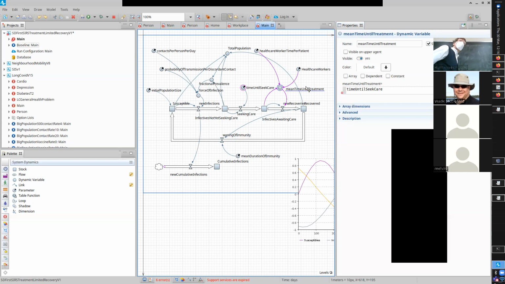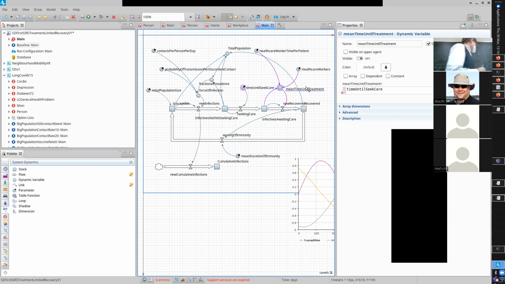If we have more healthcare workers to treat those people, suppose we have one healthcare worker versus suppose we have 100. If we have 100, do we get treated quicker or does it take longer to get treated? Less. Okay, so probably that's in the denominator right here.